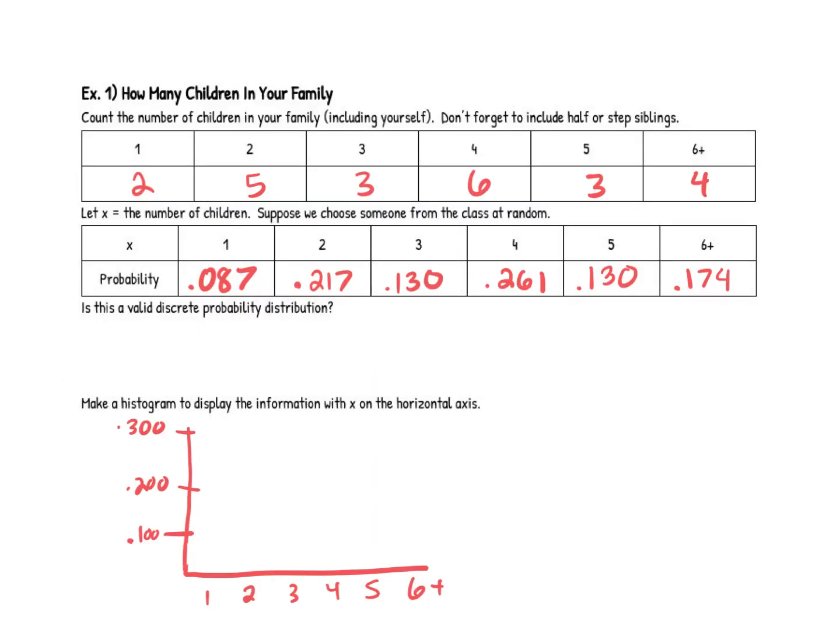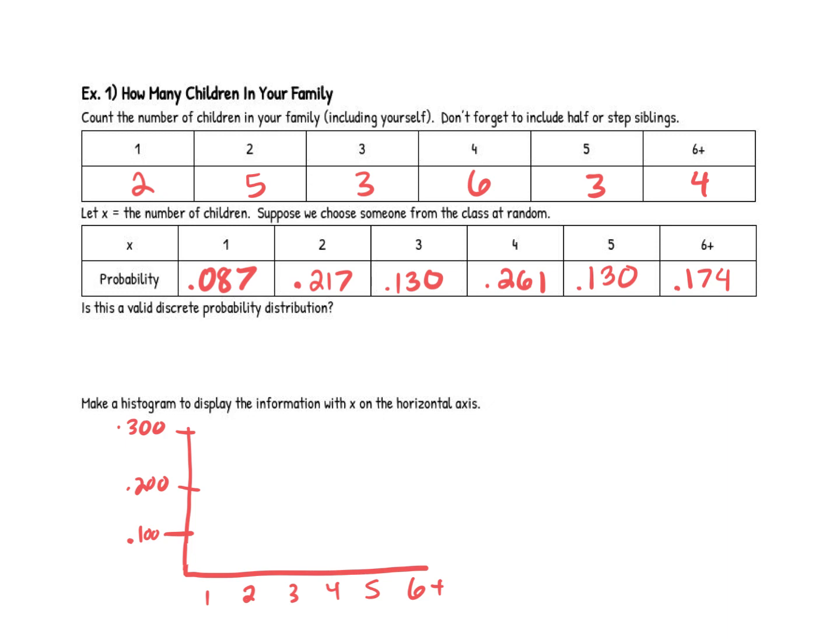So we are going to look at a discrete probability distribution of about how many children are in your family. So I've got some data here for 1 child, 2, 3, 4, 5, and 6 plus. When you add that all up, you get 23 people in the study. To find the probabilities, for 1, I do 2 divided by 23.